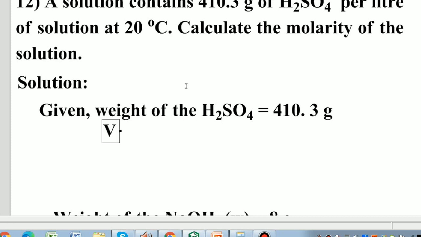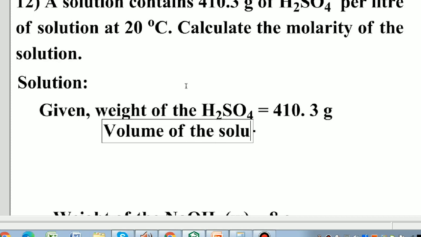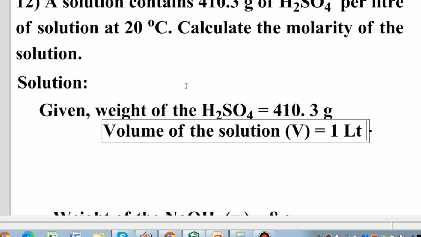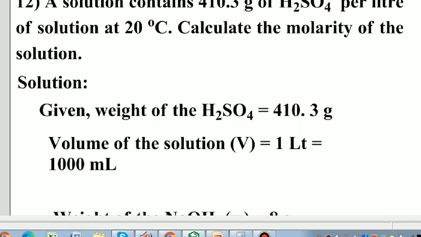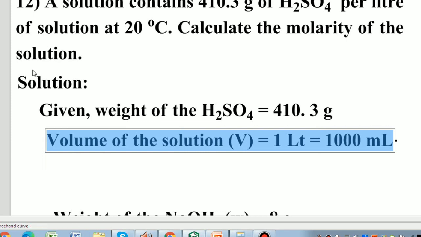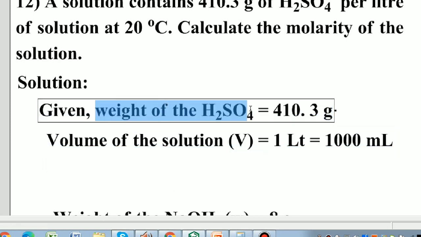So the given volume of the solution, capital V, is equal to 1 liter. Students, we know that 1 liter means 1000 ml. Therefore, the weight of the H2SO4 is 410.3 grams and the given volume of the solution is 1000 ml. Students, we know the molecular mass of H2SO4.